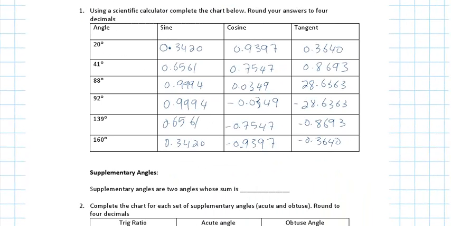Some of them are acute angles, and some are obtuse angles. Which ones are the acute angles? So 22, 20, 41, 88, these are acute angles. And then the 92, 139, and 160, these are obtuse angles.